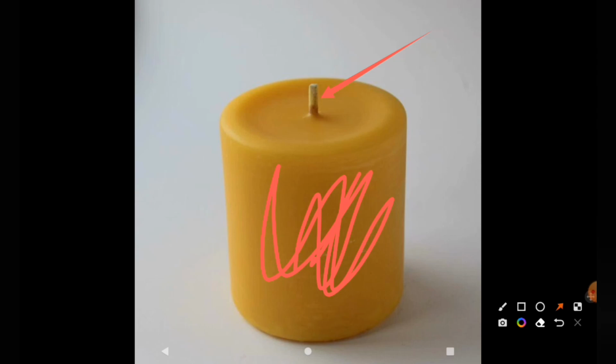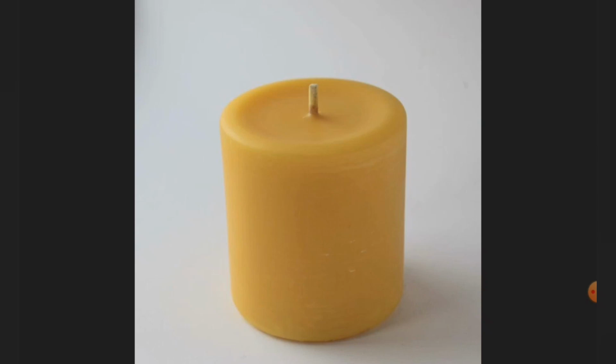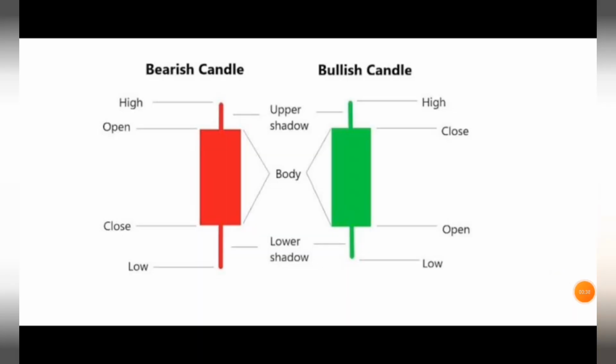I'm just showing you a real life example of why it's called a candlestick, because it's a candle. So now we understand why it's called a candle. We now know that we have the body and of course we have the shadow.